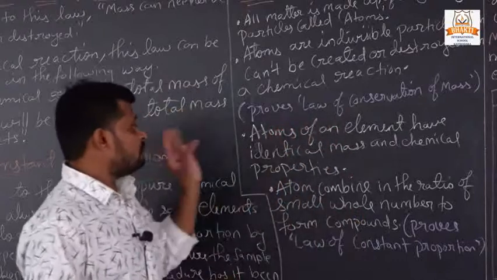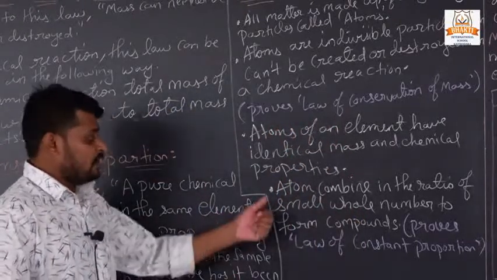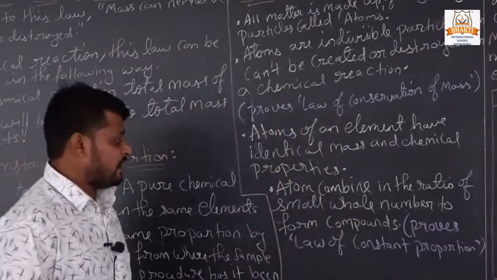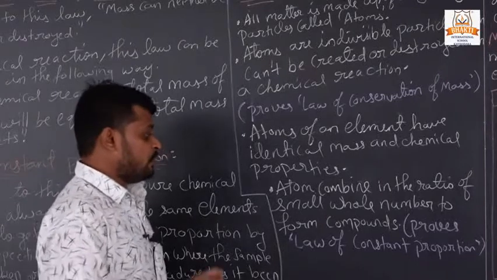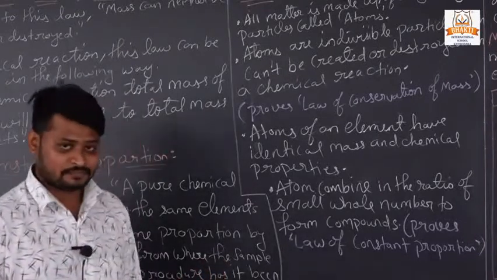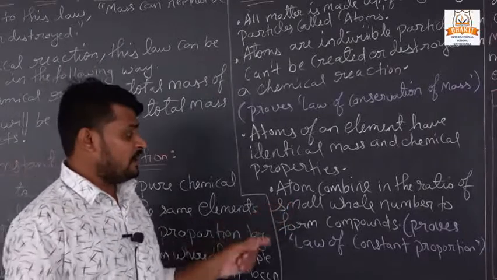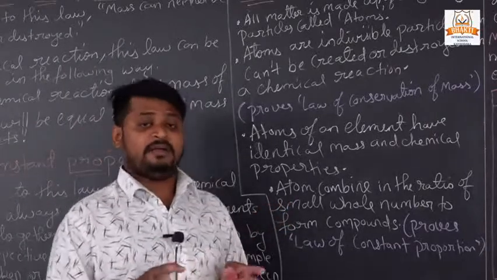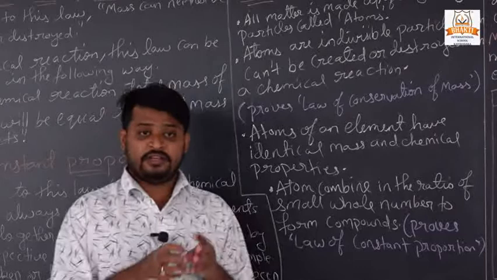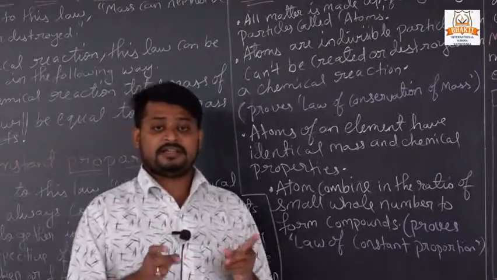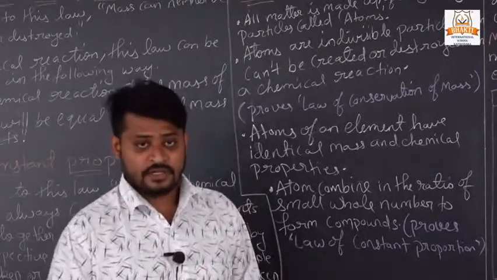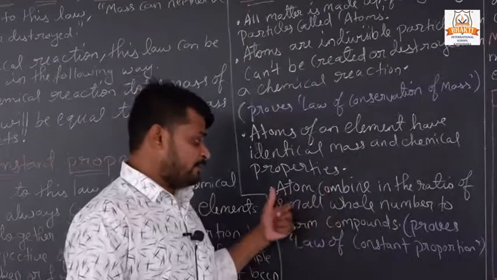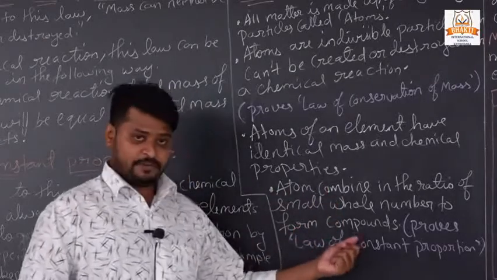That is the third point given by Dalton. Fourth, atoms combine in the ratio of small whole numbers to form compounds. It means all the elements of a compound are joined in a fixed ratio. That is the fourth point, and it proves the law of constant proportion.